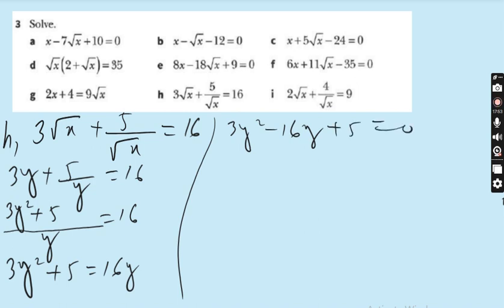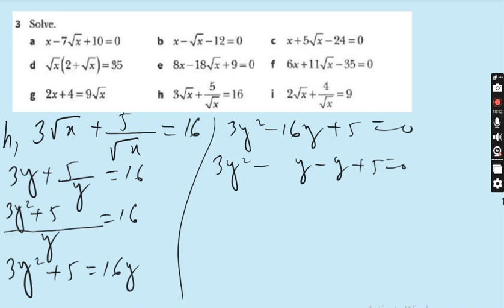5 3s are 15, 15 1s are 15, 15 plus 1 is 16. So 3y square minus 15y minus y plus 5 is equal to 0.